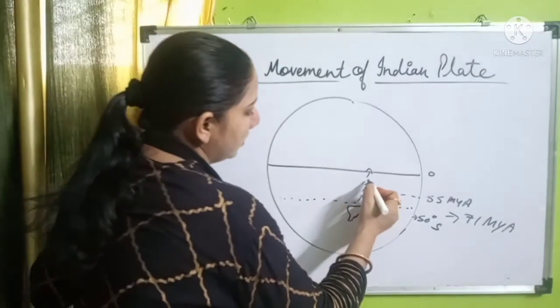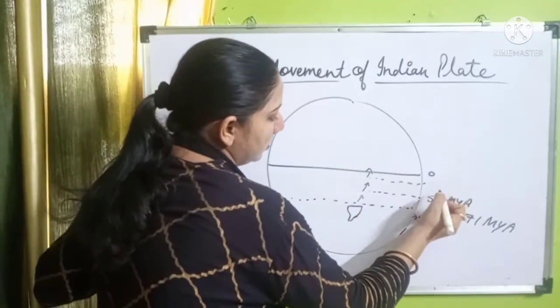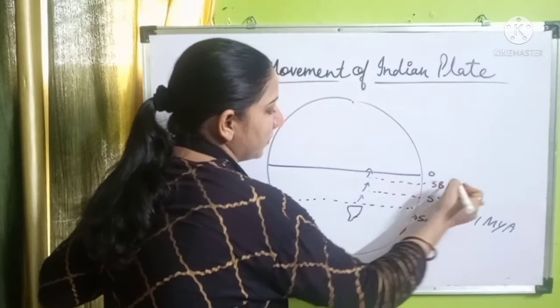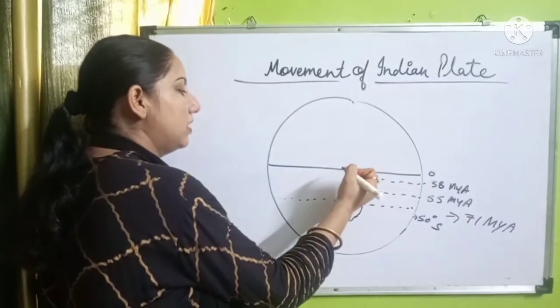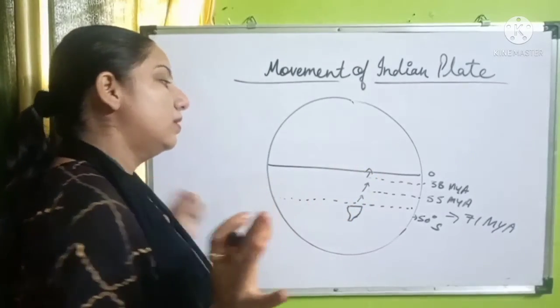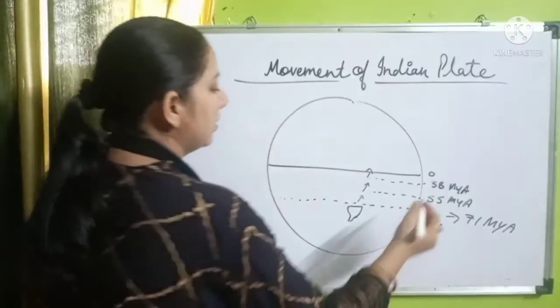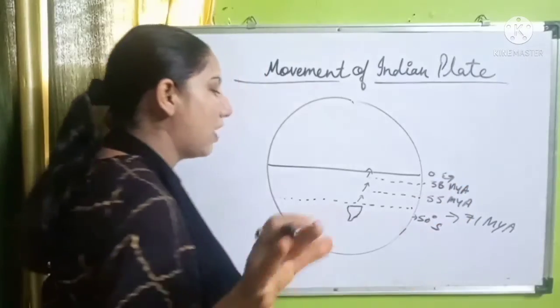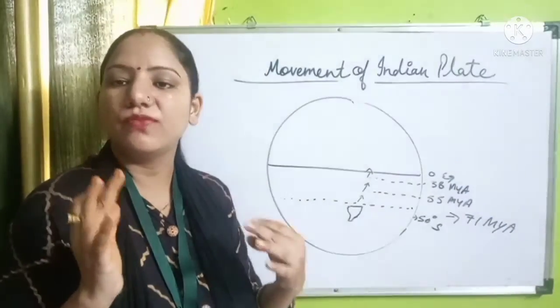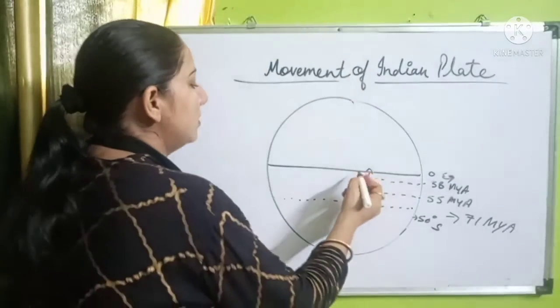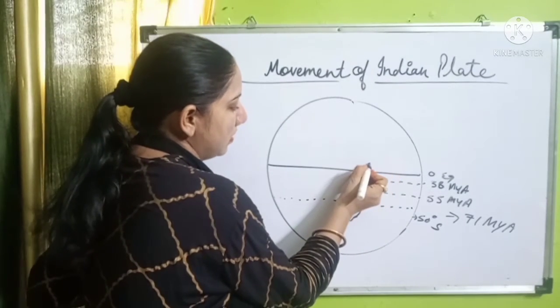And then around 38 million years ago, it is now totally near around the equator.